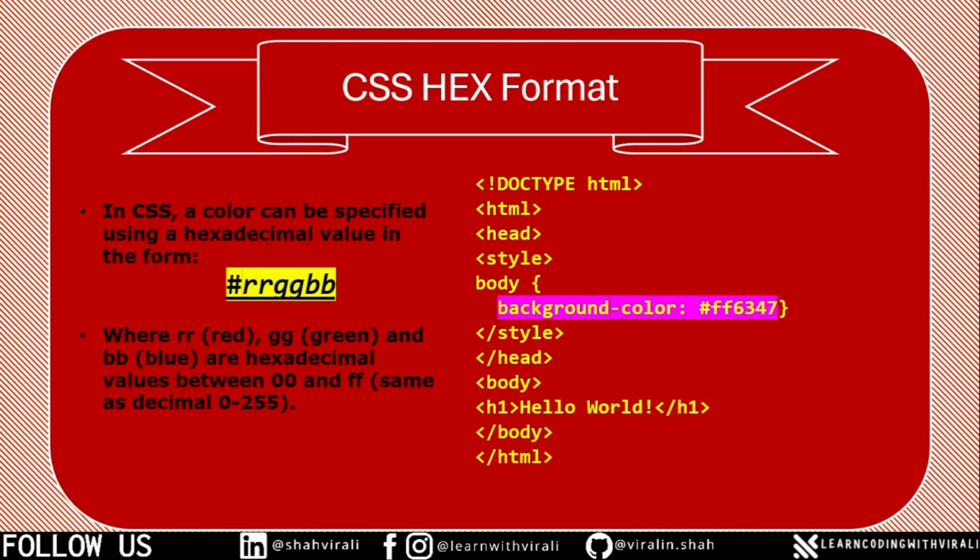So you have to specify two letters or two numbers for each of the compositions of red, green, and blue, again in the decimal range of 0 to 255. On the right hand side we can see the example, which helps us understand that a hexadecimal value is specified with a hash followed by 6 digits, as it is a hexadecimal code.